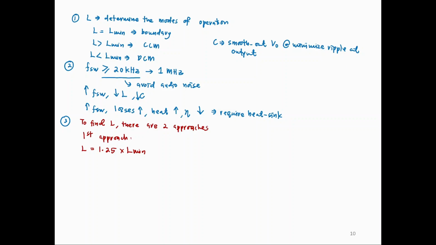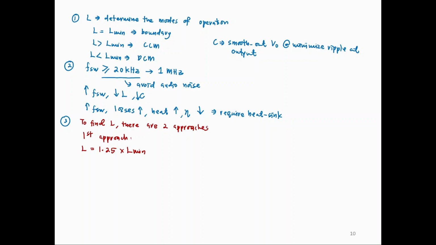Remember, inductor current will be equal to your output current for buck converter. Once you find your average inductor current, you multiply by 0.4, you'll be able to get your delta IL value.